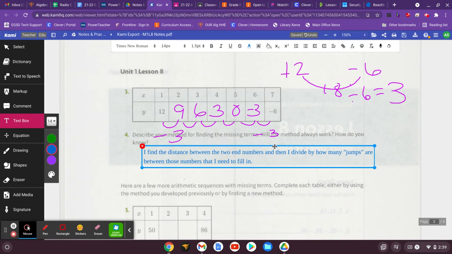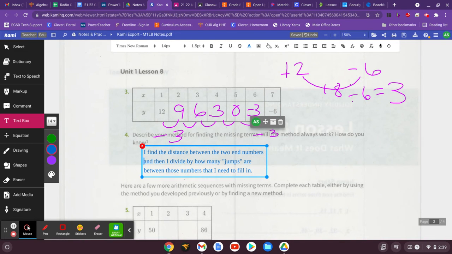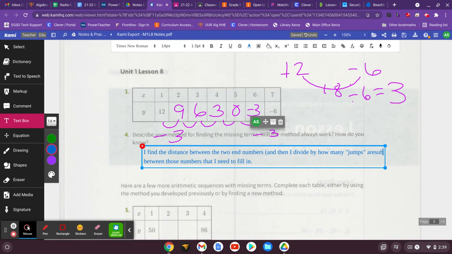And the distance between two numbers, isn't that usually subtraction? Subtract. 12 minus a negative 6 is really 12 plus 6.